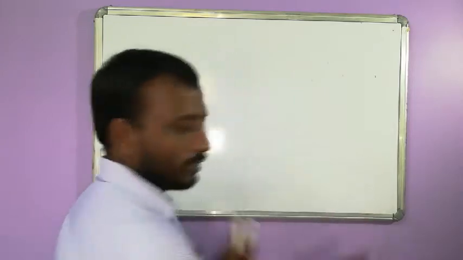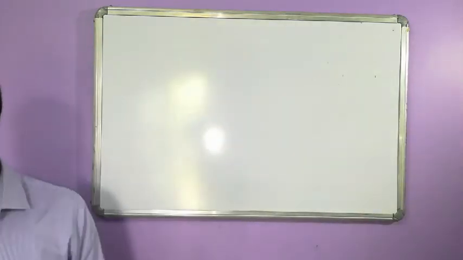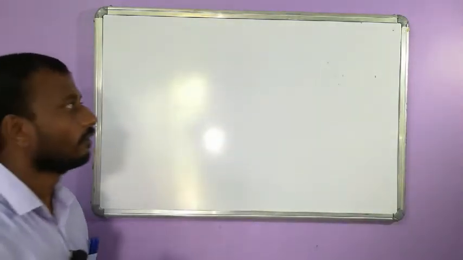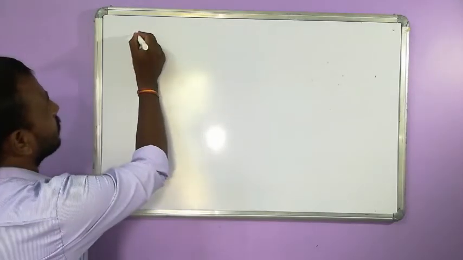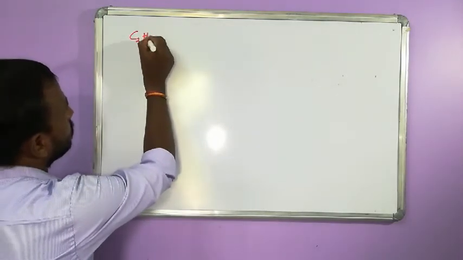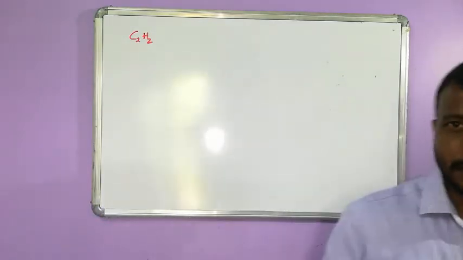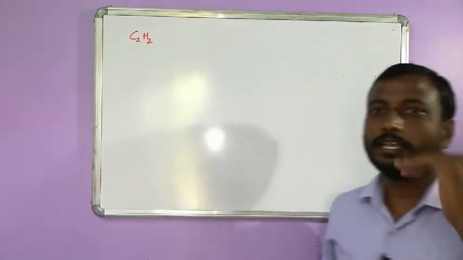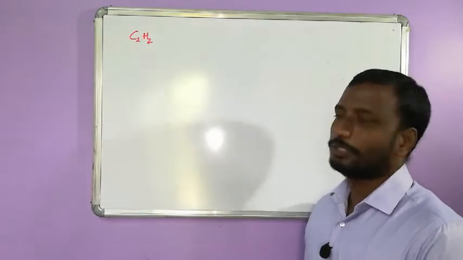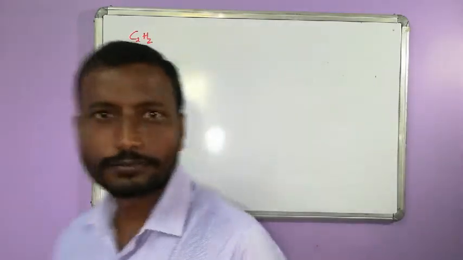What is that, some more? Can you write the structure of C2H2? Sir, how can you write? If you ask like that, you are not using your brain at all. C2H2, how many carbons are there?